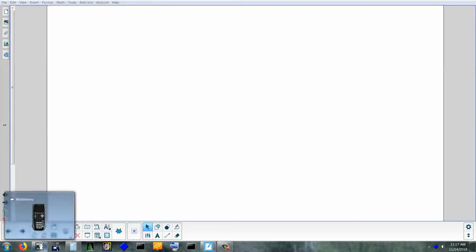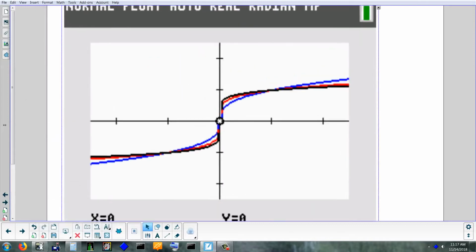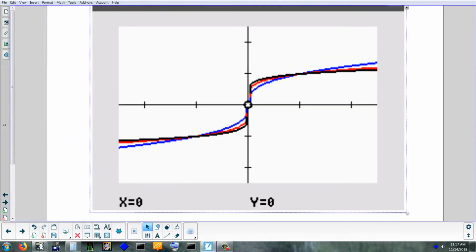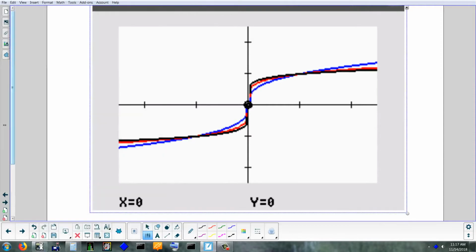I want you to try to tell me what points they all have in common. Anyone think they see a coordinate that they all go through? Yep, 0, 0. They all go through 0, 0. My cursor's on top of it, so it's hard to see, but they do. Any other points besides 0, 0?